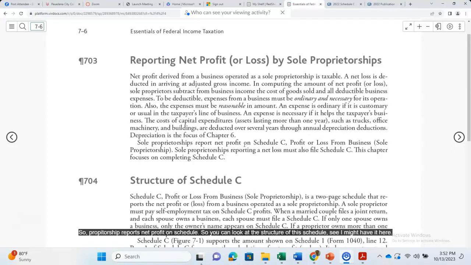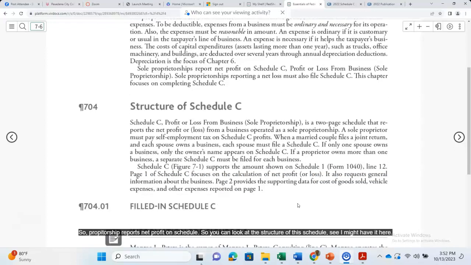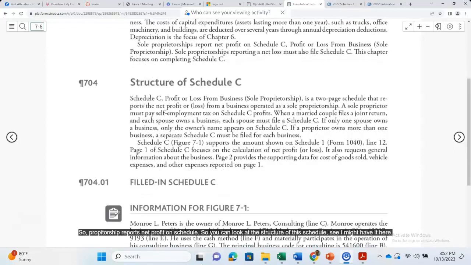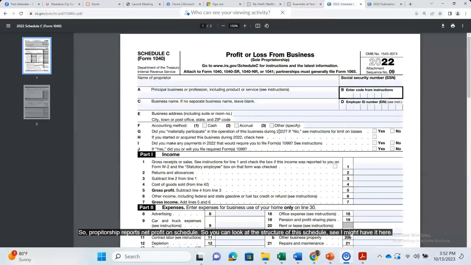Sole proprietorship reports net profit on Schedule C, which we talked about. So you can look at the structure of a Schedule C. I might have it here. Here's a Schedule C that you can see. If you have your sole proprietorship, you can use the social security number of the sole proprietor.